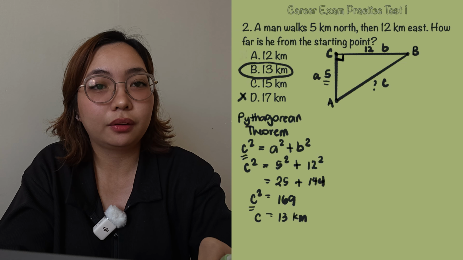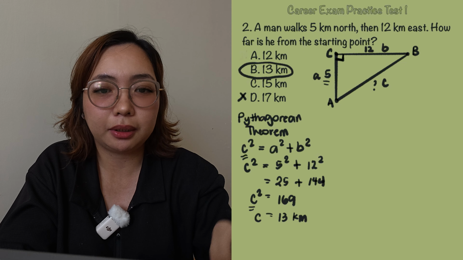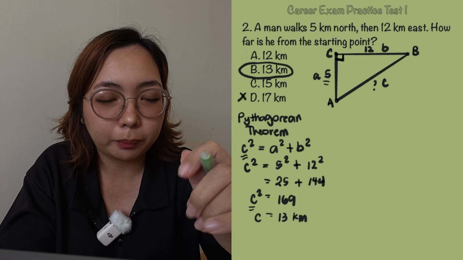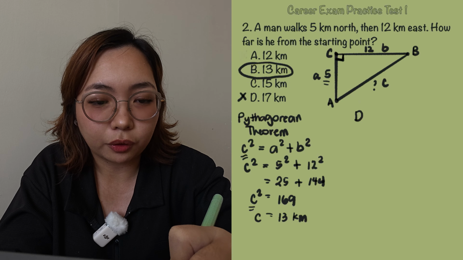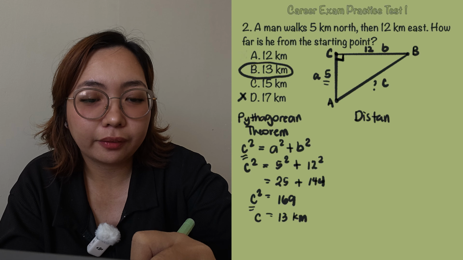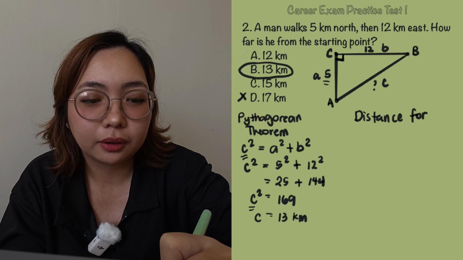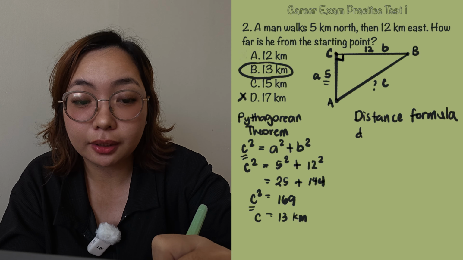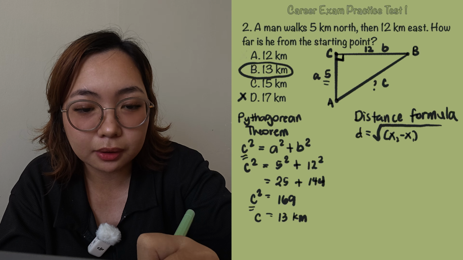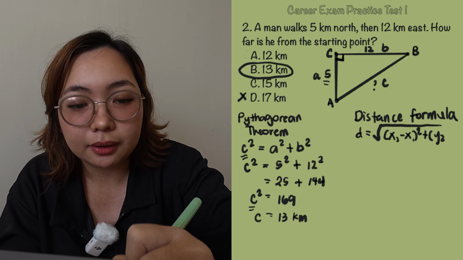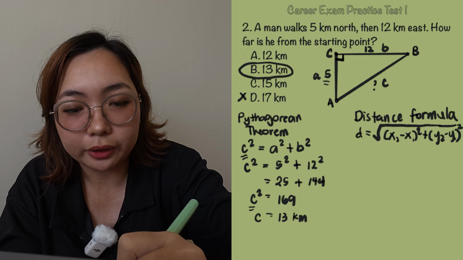Now let's have another concept here. Let's say mahilig kayo sa coordinate geometry. So we can use that one by using the distance formula. We have the square root of the difference in x coordinates. So let's say x sub 2 minus x sub 1 plus the difference of y coordinates.